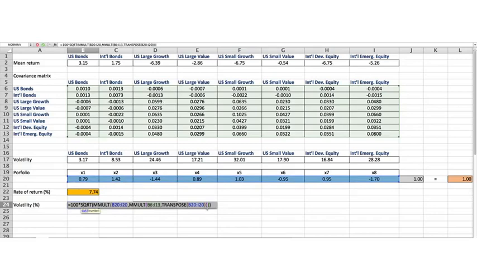If I do that multiplication, I get a column vector. I multiply it again by a row vector, I get a number, which is the variance of the portfolio. I take its square root, multiply it by 100, and I end up getting the volatility. So that's how the volatility numbers are computed.